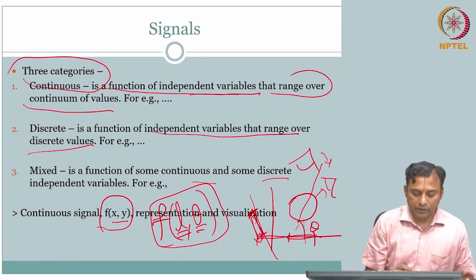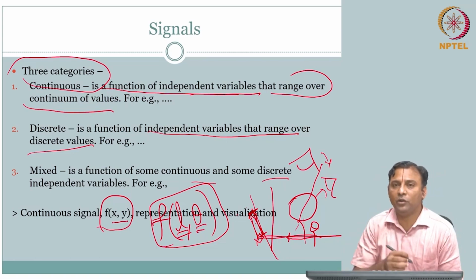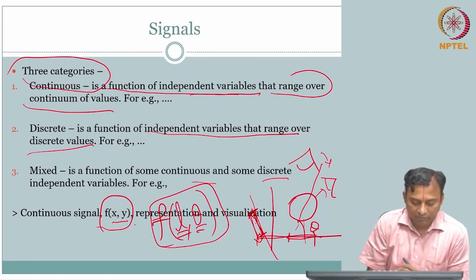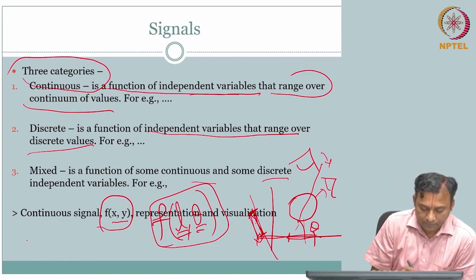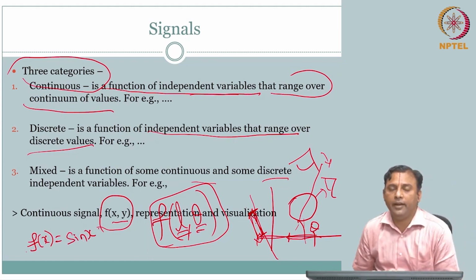So just for the sake of continuity, before we get into the 2D f of x comma y, if I tell you that you have f of x equal to sine x, this is a function, this is a signal. So how do you represent it? How do you visualize it?